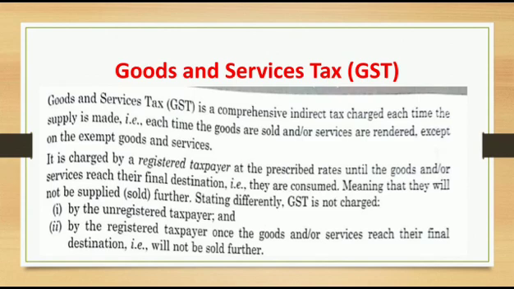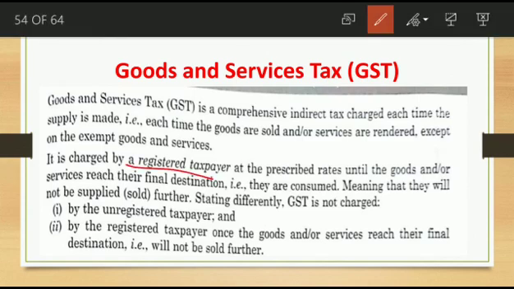It is charged by a registered taxpayer. Another point: who is levying this tax? A registered taxpayer, at the prescribed rates, until the goods and services reach their final destination, that is, until they are consumed. The government prescribes the tax rate for each commodity, and that should be paid by the registered taxpayer.